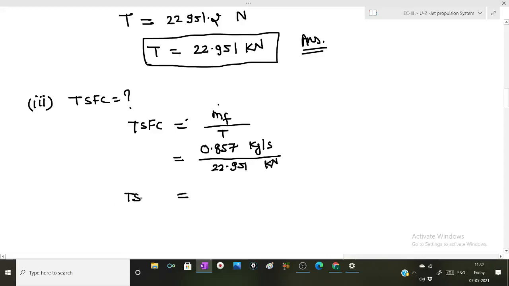So thrust specific fuel consumption will be 3.73 into 10 to power minus 5. I am taking this kilonewton into consideration, so its unit will be kg per second per newton.